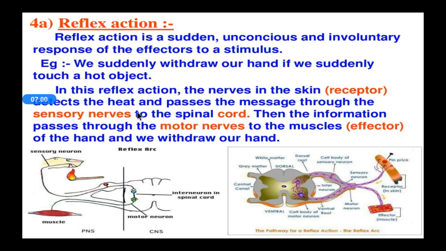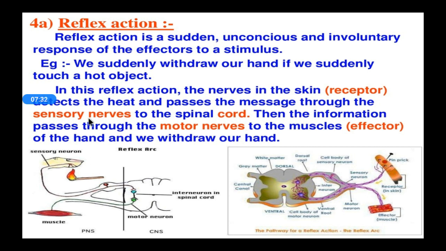Then it detects the hotness of the object, and the heat passes the message through the sensory nerves, which carry the information to the spinal cord. Okay, so the information has reached the spinal cord.